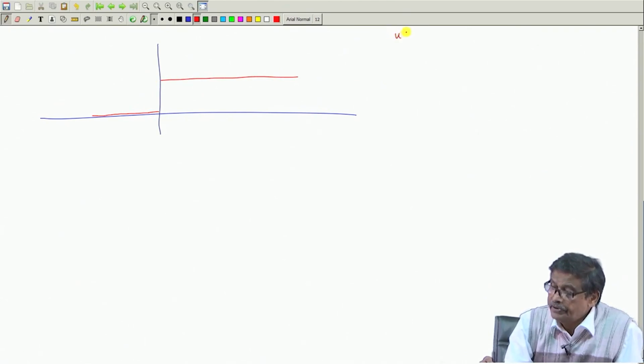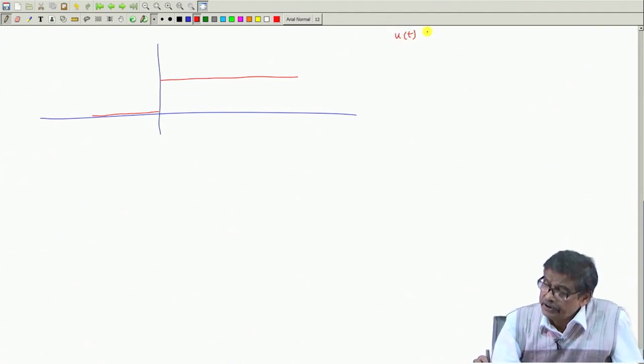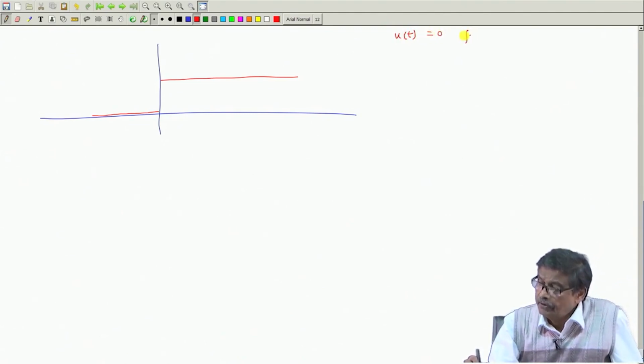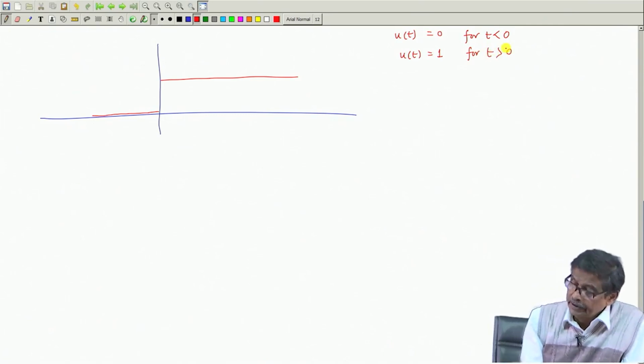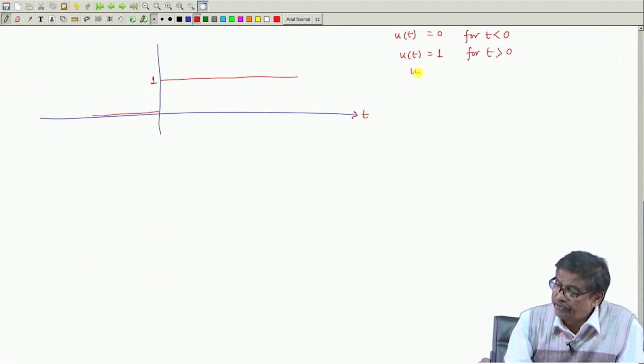I told you about the unit step function last time, very simple. u t is equal to 0 for t less than 0 and u t is equal to 1 for t greater than 0. This is your time axis, and this is called the unit step function.